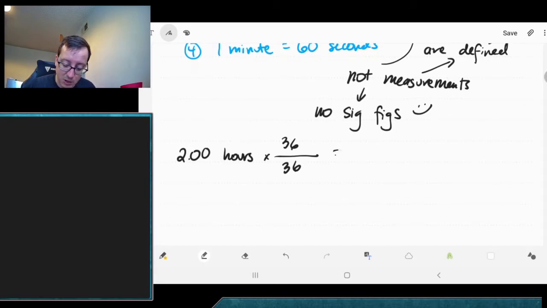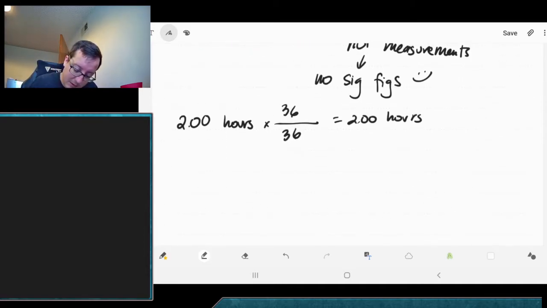nothing changes, right? It's still the same value. I get 2 hours out at the end. Why would I multiply this? Who knows? Just an example. But the reason this works is because mathematically 36 is equal to 36. I'm multiplying my number by 1, and therefore I'm not changing its value. We're going to see it's going to be the same concept when we're working with units.